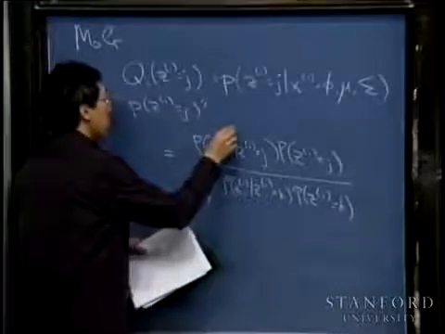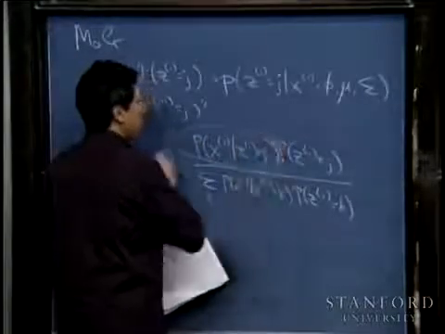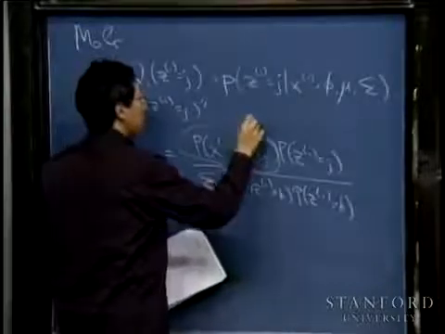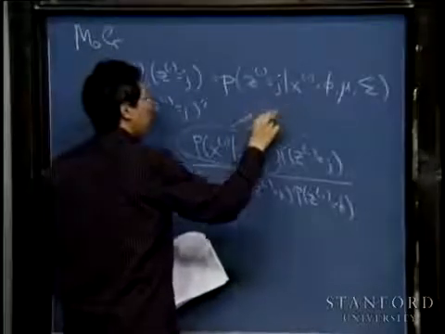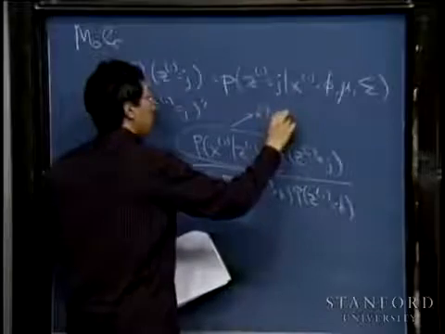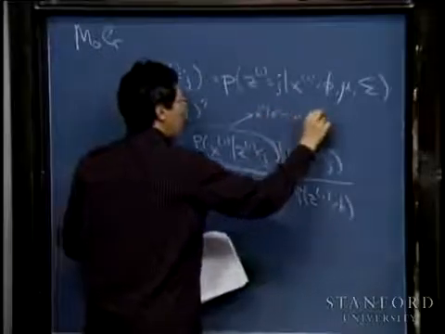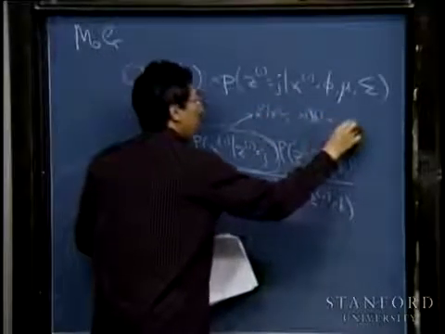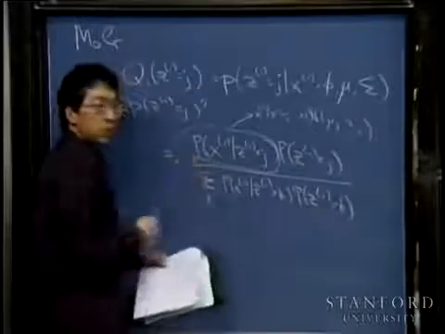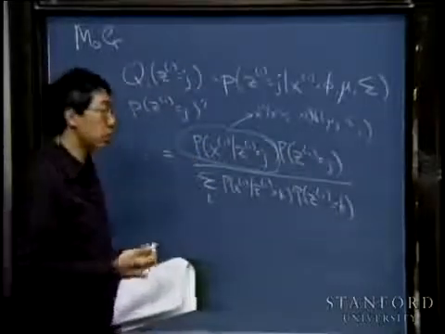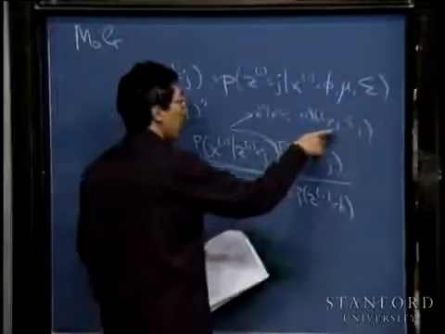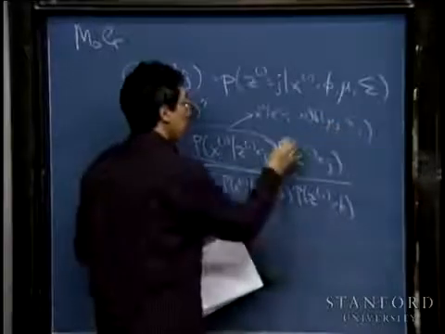Because xi given Zi equals j was a Gaussian with mean mu j and covariance sigma j, to compute this first term you plug in the formula for the Gaussian density with parameters mu j and sigma j.